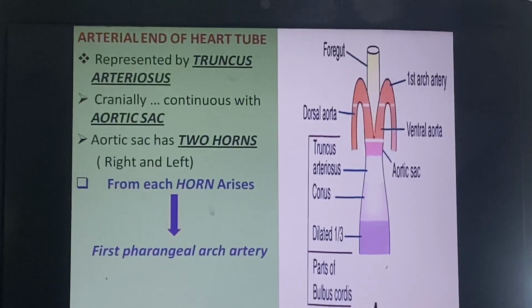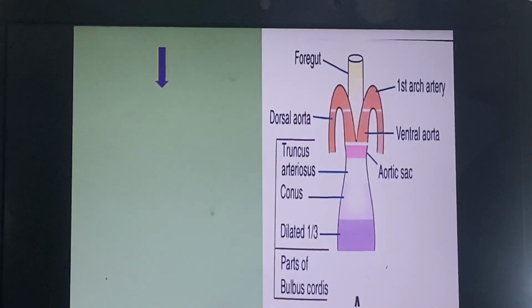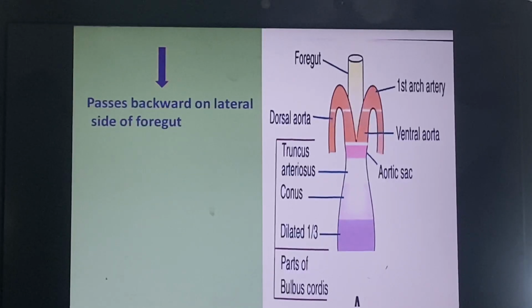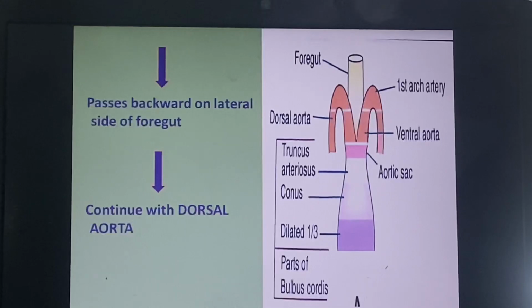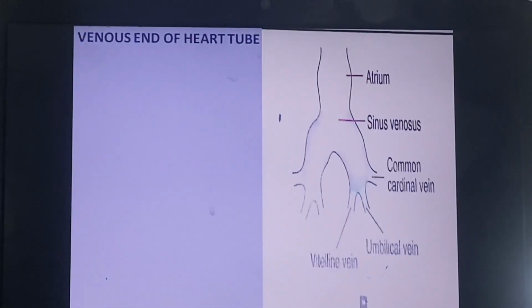It leads on to the formation of the first pharyngeal arch artery, which passes backward on the lateral side of the foregut and continues with the dorsal aorta.